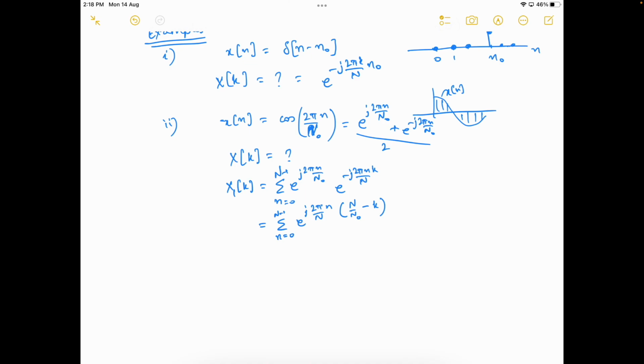So this will be equal to N if they match, and otherwise it is 0. Is this correct?